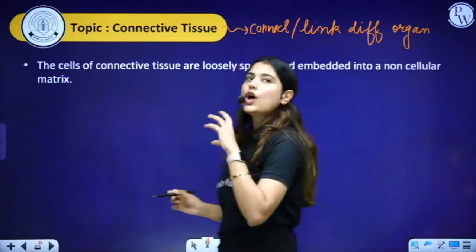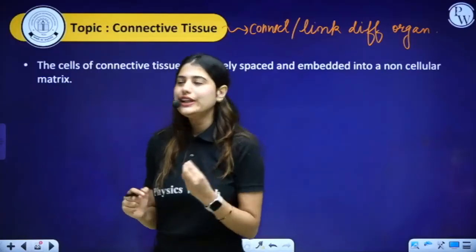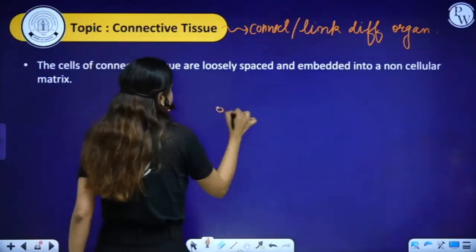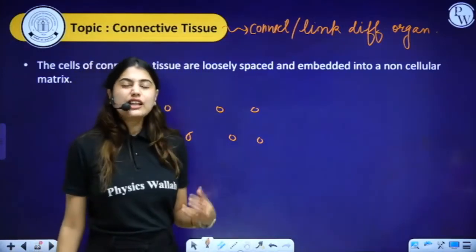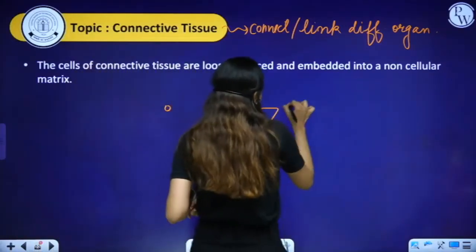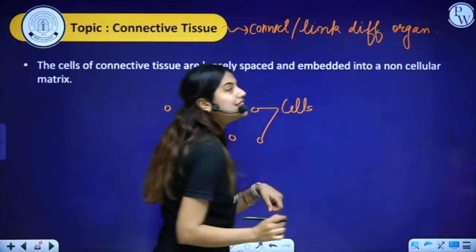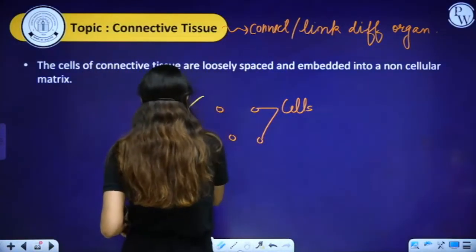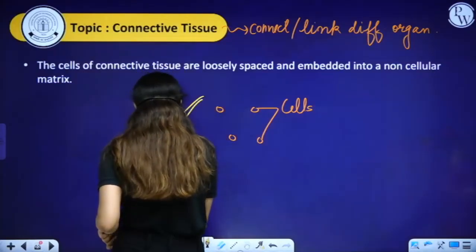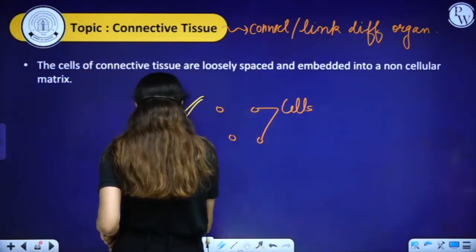Now the cells of the connective tissue are very loosely placed, right? They have lots of space between them. Now what is present in the space? These cells make some fiber-like structures called fibers.